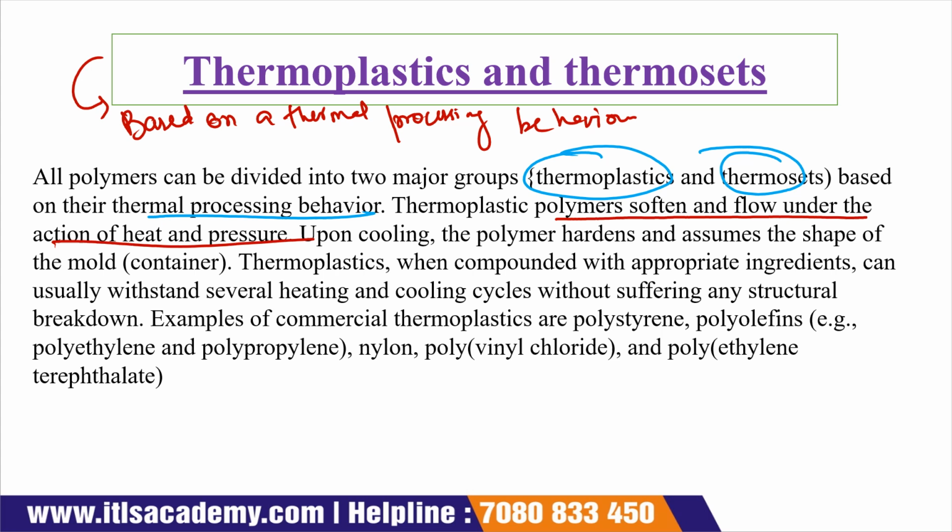Then, upon cooling, the polymers harden and assume the shape of the mold container. Thermoplastics, when compounded with appropriate ingredients, can usually withstand several heating and cooling cycles without suffering any breakdown.